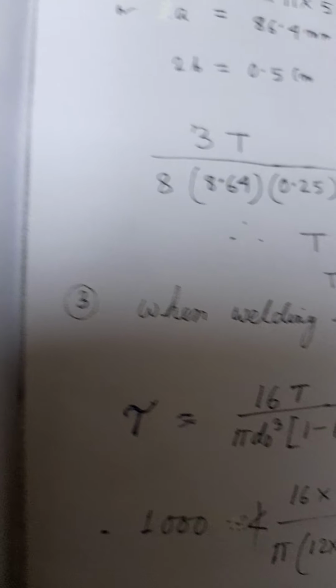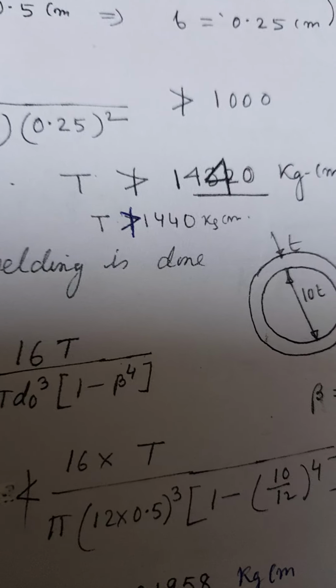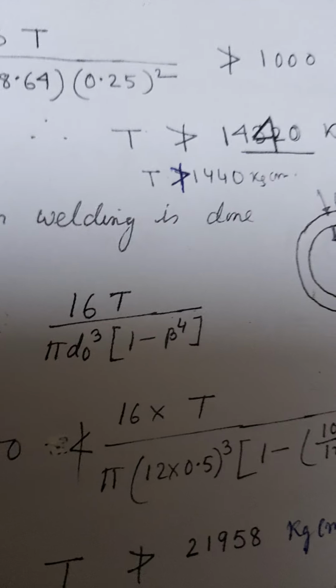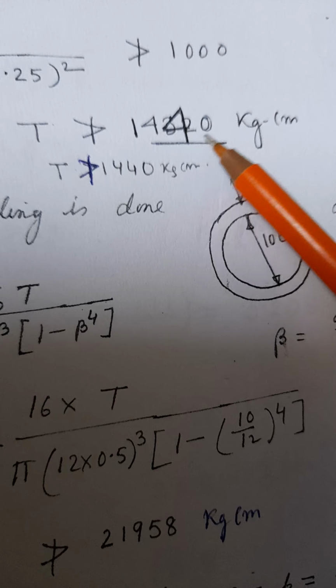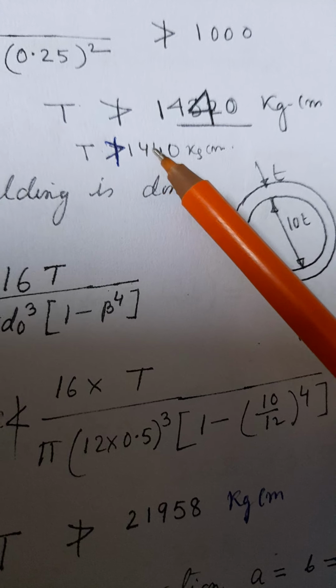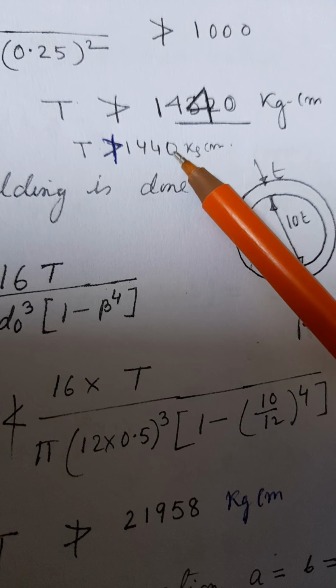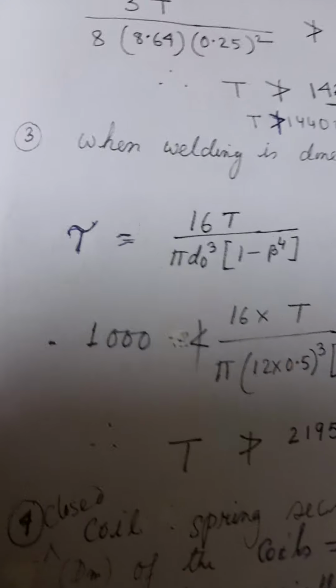We put the formula for tau max. T not greater than 1440 kg centimeter. So T is found out.